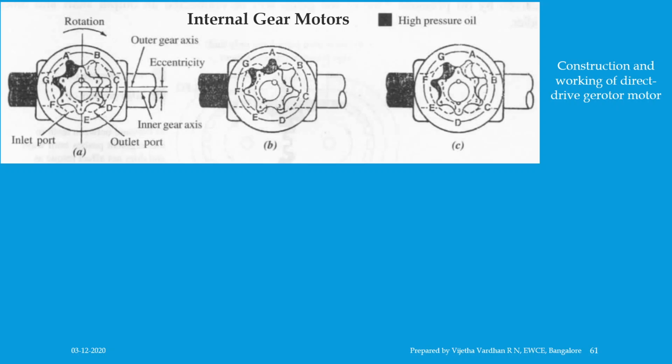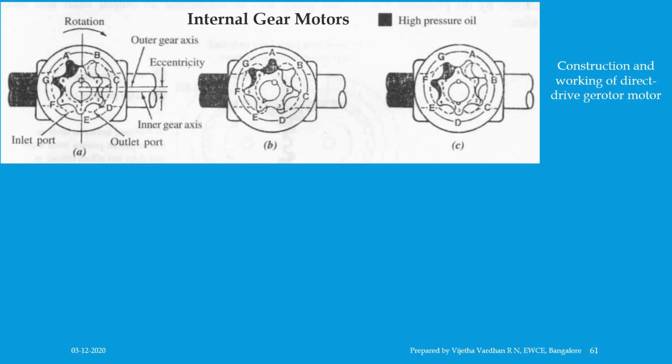The kidney shaped inlet port is designed such that once the pocket is full, the fluid flow is shut off with the tip of the inner gear providing a seal, which you can observe in figure B. As the inner and outer gears rotate in pair, another pocket is formed and the previous pocket has moved around to the opposite kidney shaped outlet port, steadily draining the oil in the pocket.